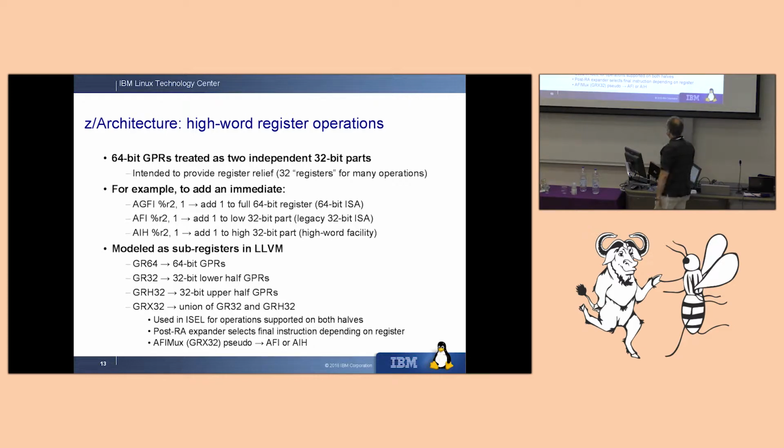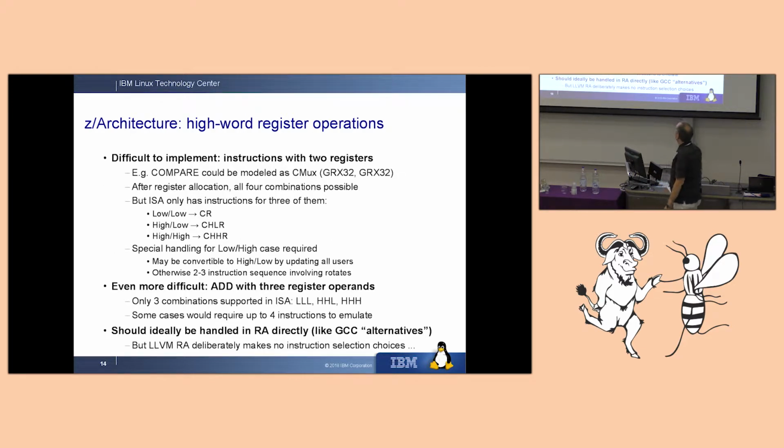So as I said, once you tell the compiler you have all these registers, the compiler is going to use them. But it turns out that many of the instructions aren't fully supported across any combination of these registers.